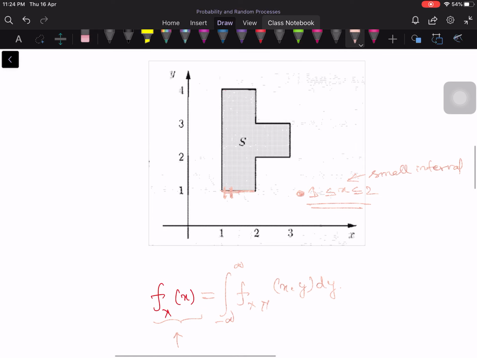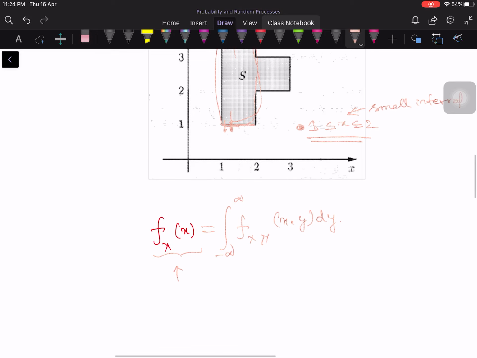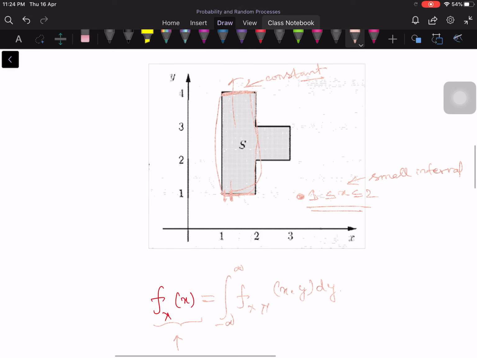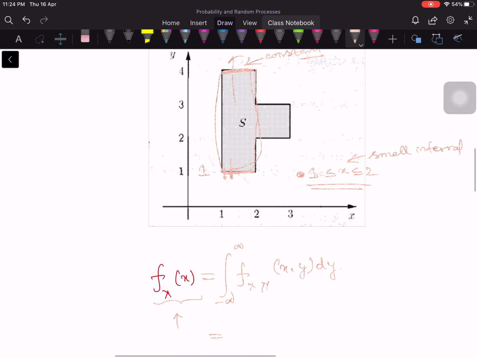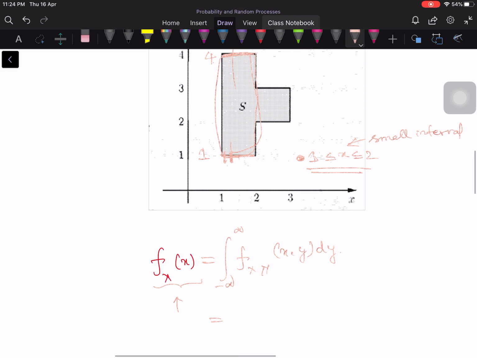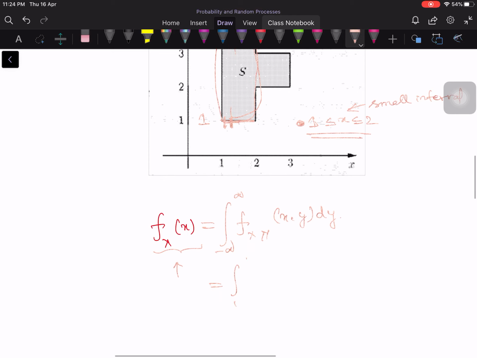You see the y is constant in this interval, it is not changing. So you take this rectangle like this. Therefore, y lies between 1 to 4, so the range is 1 to 4.